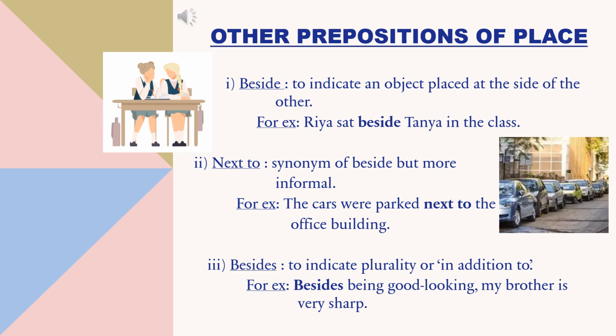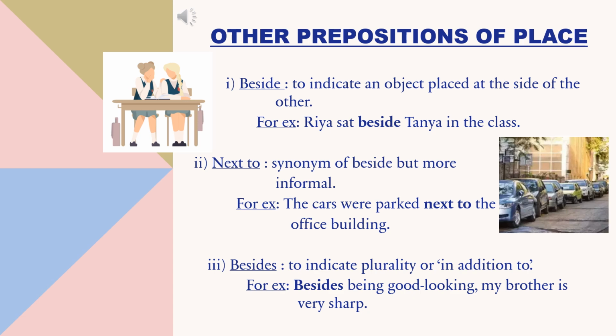Third, besides. Now, please do not get confused between beside and besides. In the third word, you can see there is an extra S added at the end, and S indicates plural, or it means that we are adding something onto the list. That is the purpose of besides, which means in addition to.